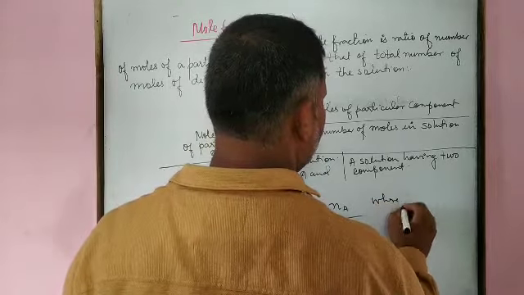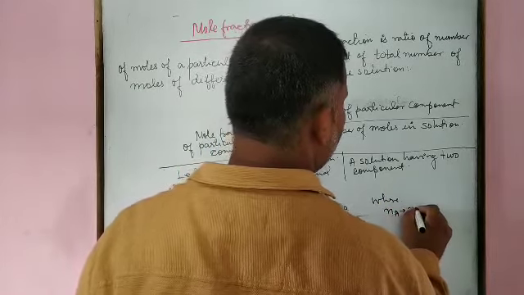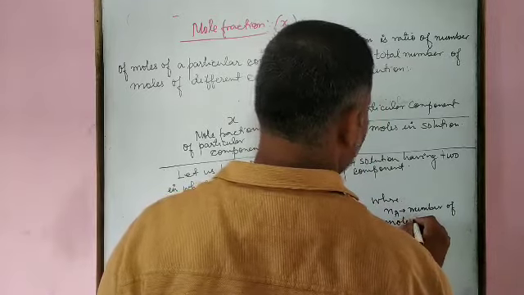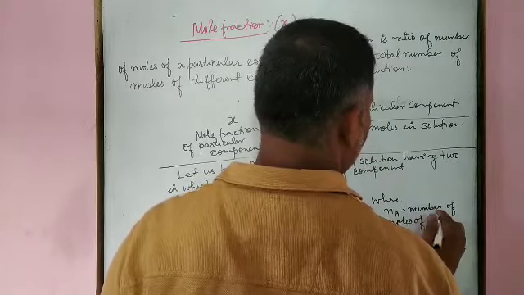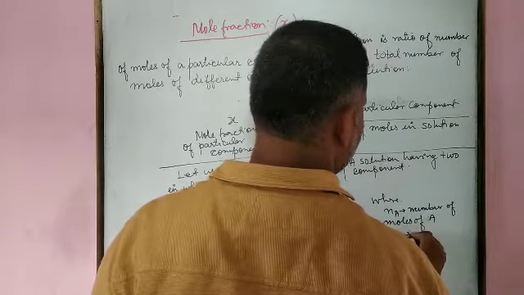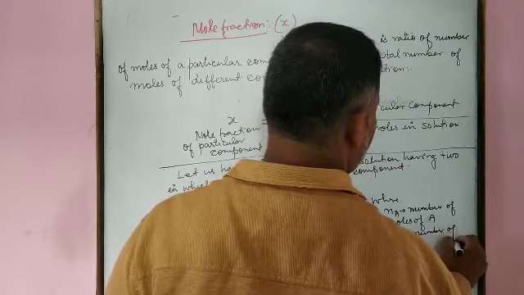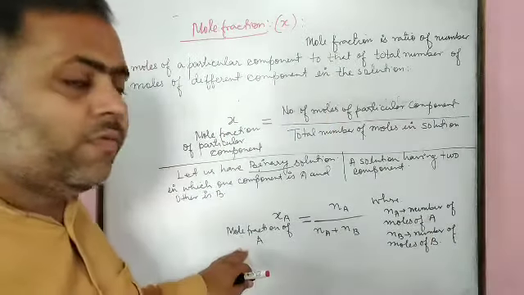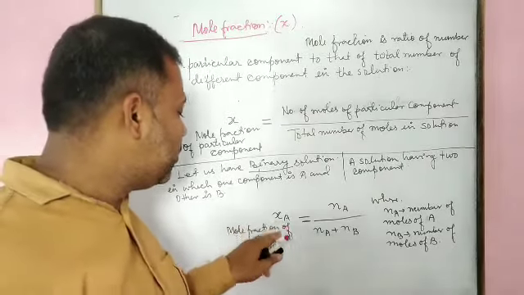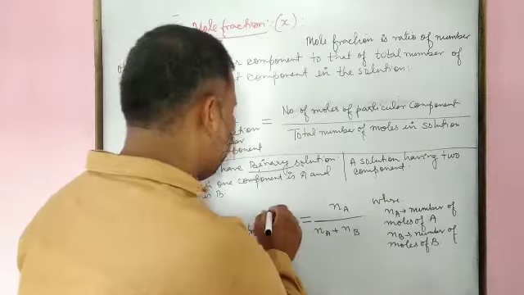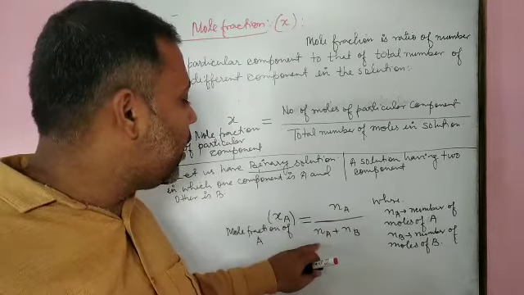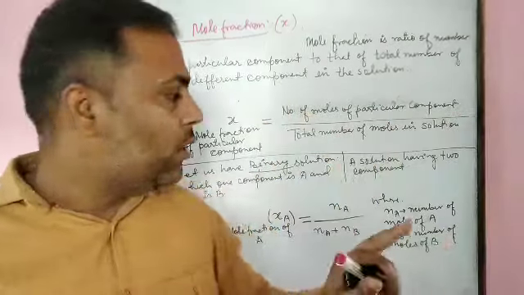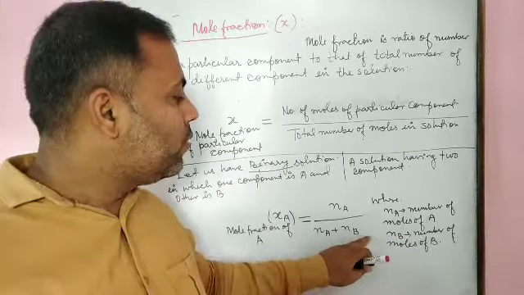where N_A is the number of moles of A, where N_B is the number of moles of B. It means if we have a binary mixture, then the mole fraction of A is represented as X_A equals N_A by N_A plus N_B. This N_A is the number of moles of a particular component, that is A, divided by total number of moles of the solution.